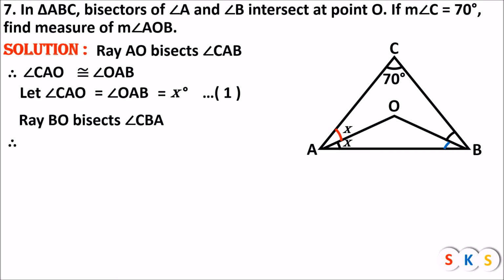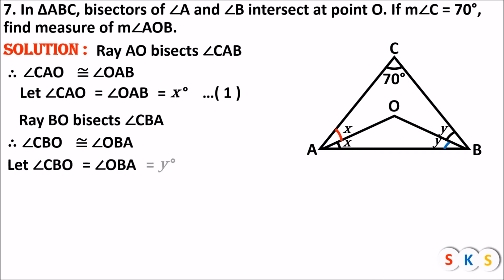So we will write here angle CBO congruent angle OBA. Now we will assume angle CBO as y degree. Therefore, angle OBA will also be y degree. You can look at this figure. I have taken those two angles as y degree. Okay, so let angle CBO equals to angle OBA equals to y degree. That is equation number 2.